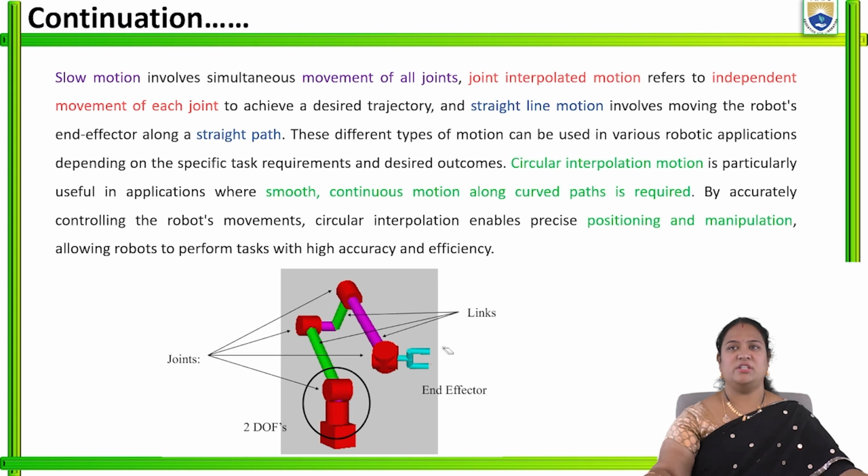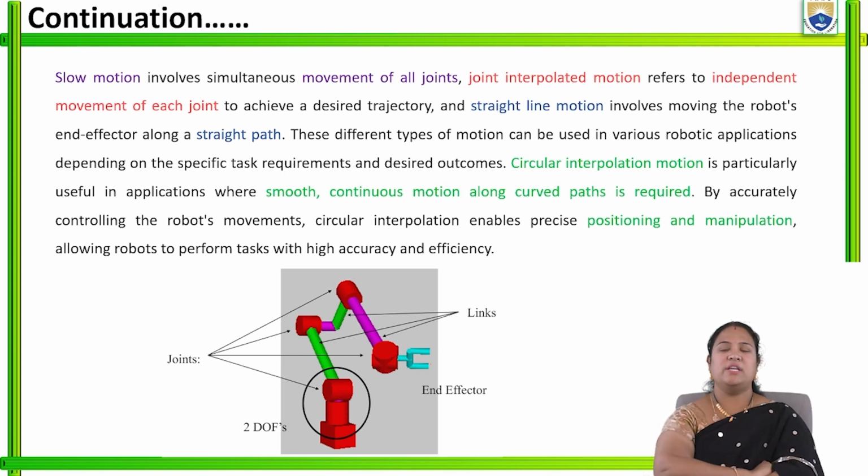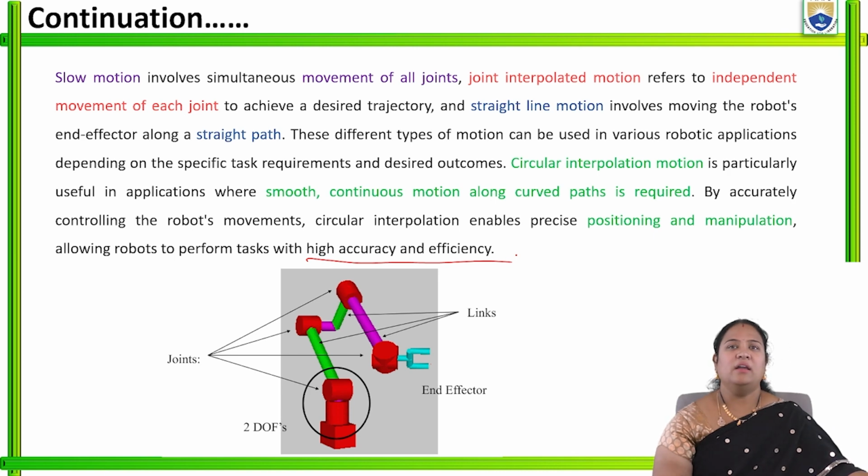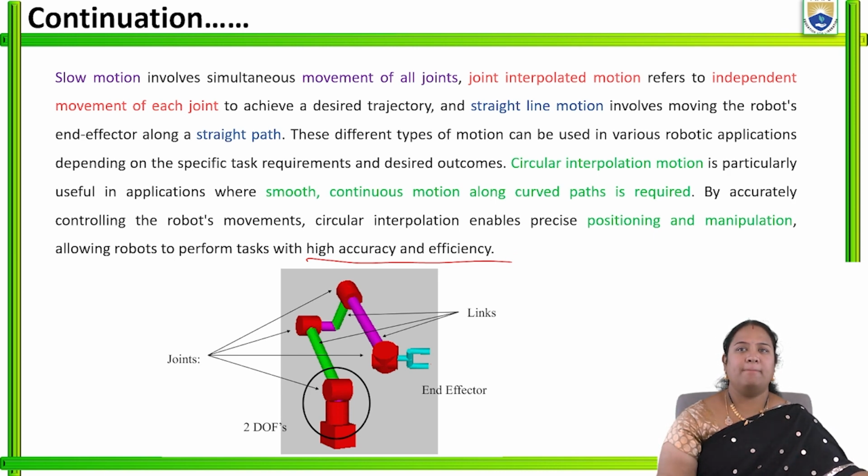In circular interpolation, the movement of the robot's end effector will be done in the circular direction, which gives a very smooth and continuous motion along its curved path. By accurately controlling the robot's movement, the position manipulator allows the robot to perform with high accuracy and efficiency.